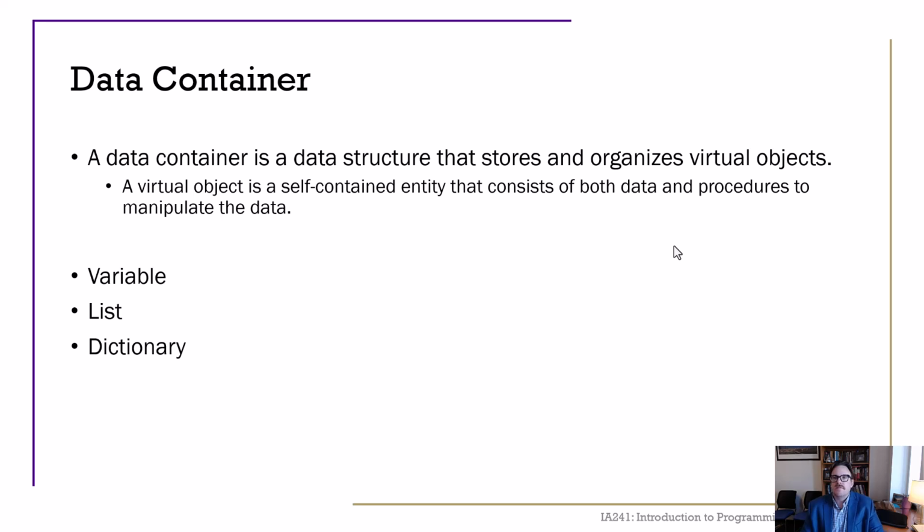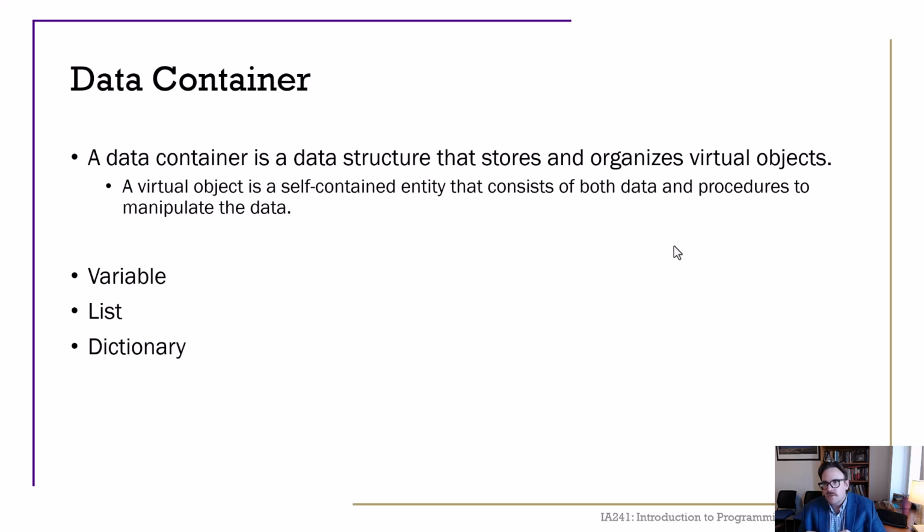The most important thing, maybe not the most difficult, but definitely one of the most critical components of this first lecture, is the data container. Okay, a data container is a data structure that stores and organizes virtual objects, right? So a string is a virtual object, an integer is a virtual object. A virtual object is a self-contained entity that has data and procedures for how to manipulate it.